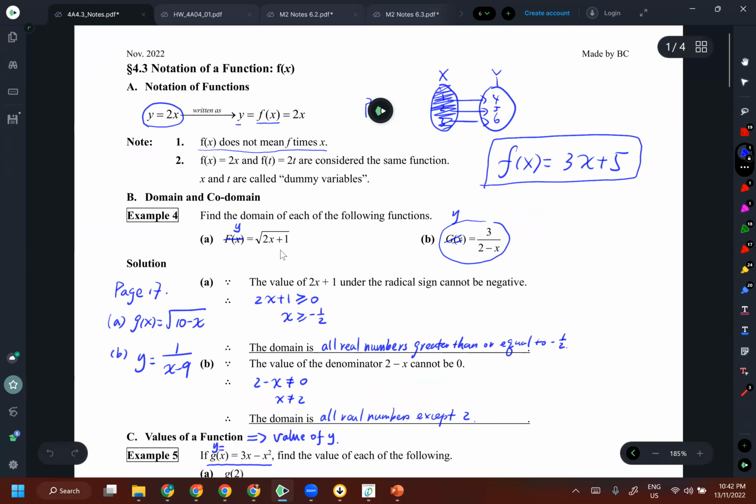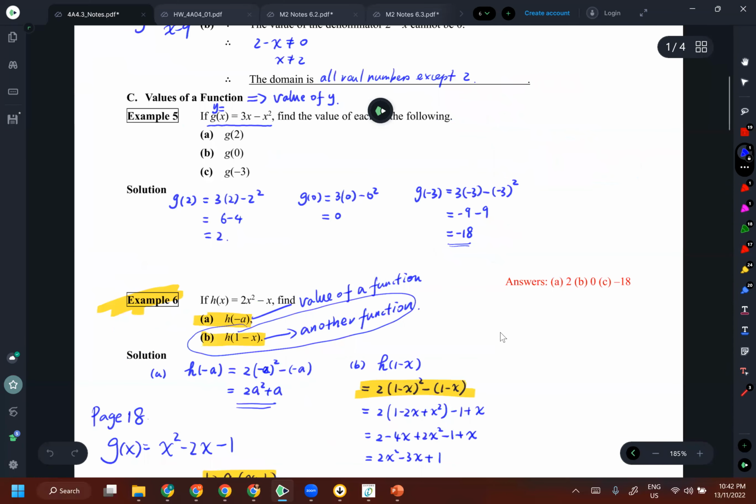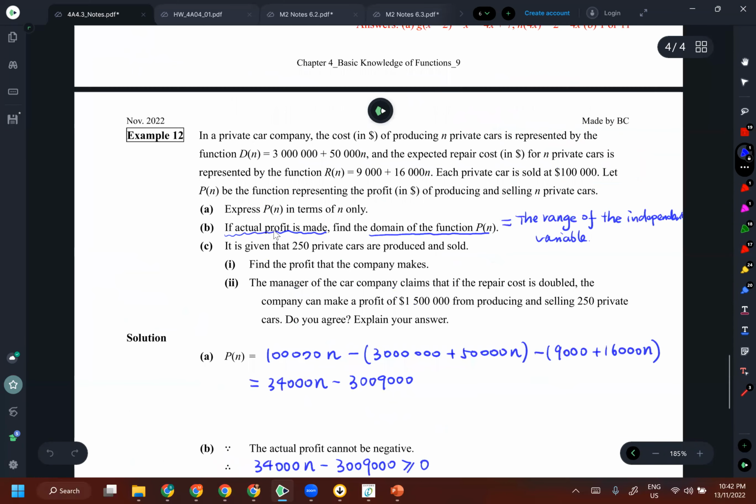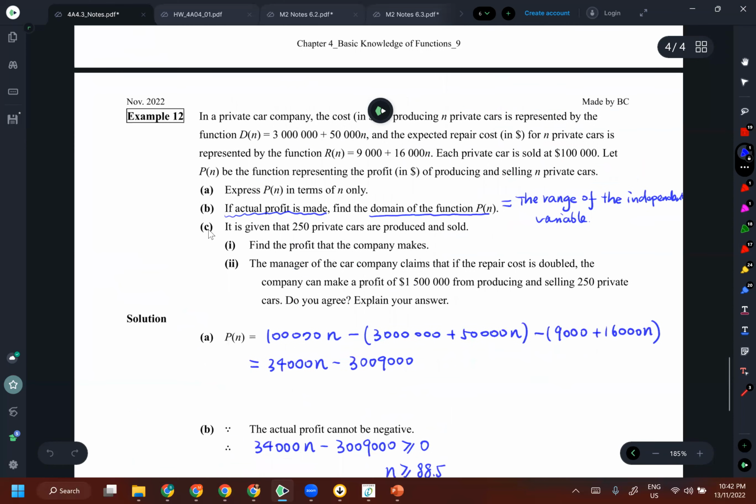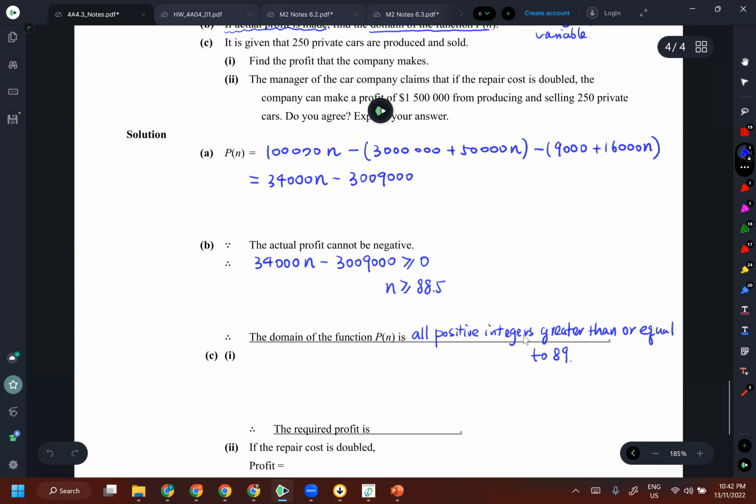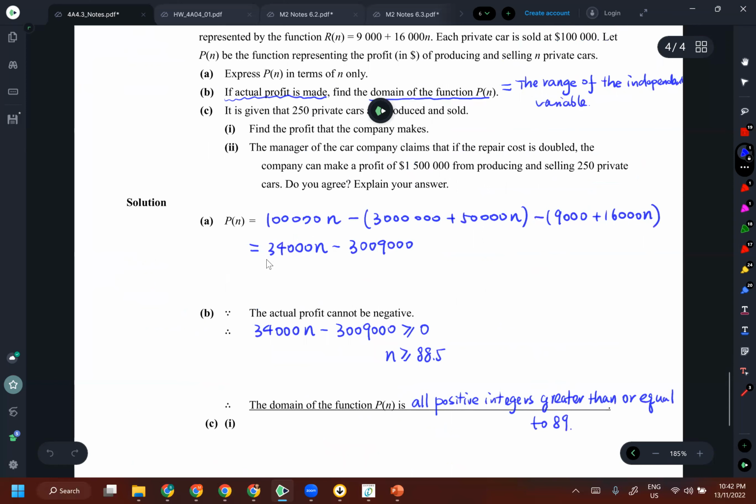In these functions, you find the domain according to the function expression itself. Like, for example, if you have a fraction, then the denominator cannot be 0. Okay? So, for example 12, the answer for part B is all positive integers greater than or equal to 89. You can never find that just by looking at this.